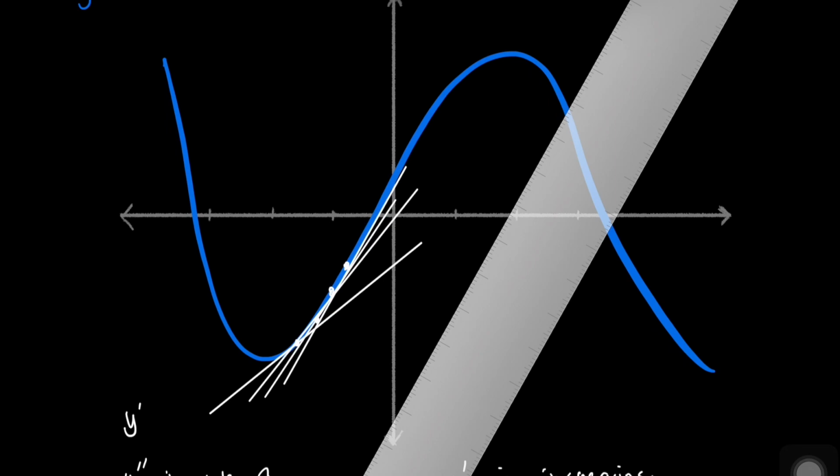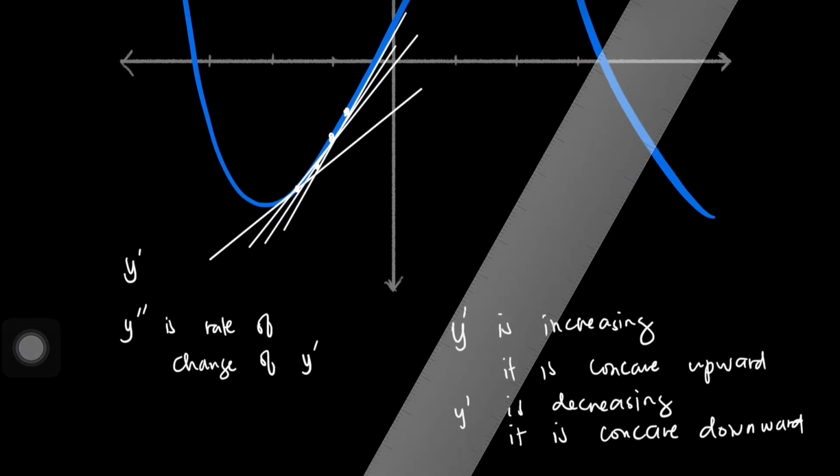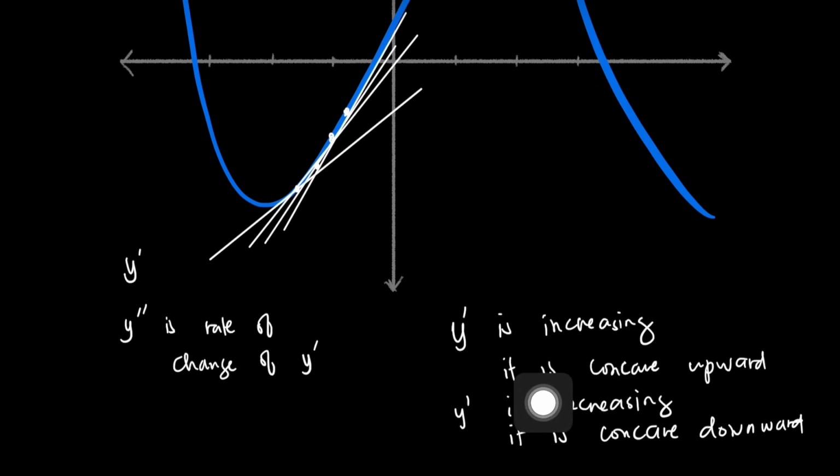It is obvious that in this region, as x increases, the slope of the tangent lines also increases. And if the slope, or y prime, increases, it is concave upward, right?